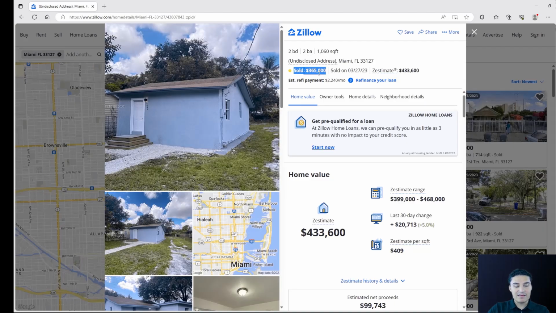And by that, it also means that this right here is going to be the maximum price that we can sell the property for.